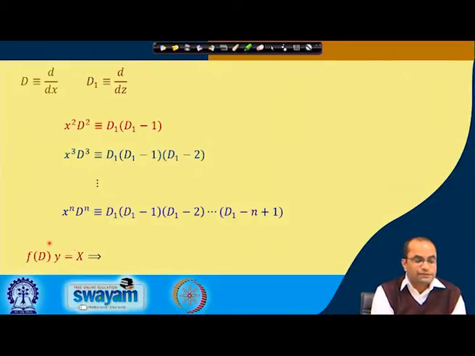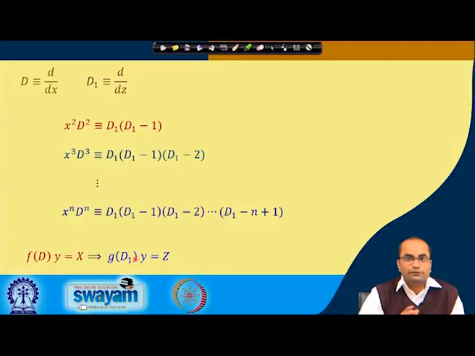Meaning, if we have this f(D) y equal to a function of x, with that substitution we will get some function g(d1) y equal to a function of z, and this g(d1) will be free from z, meaning there will be constant coefficients only in this equation, and we know how to solve an equation with constant coefficients.